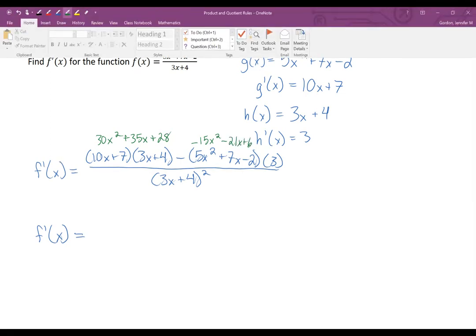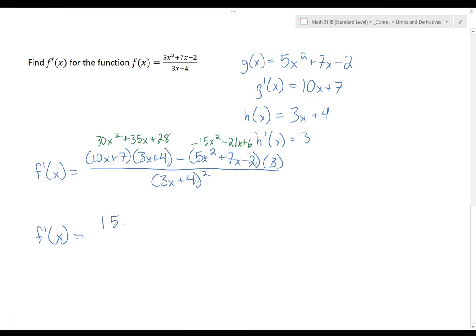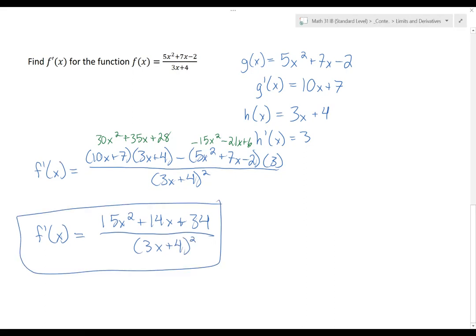So putting that all together, in the numerator we have 15x squared plus 14x plus 34, all divided by 3x plus 4 squared. And that will be the derivative of the original function.